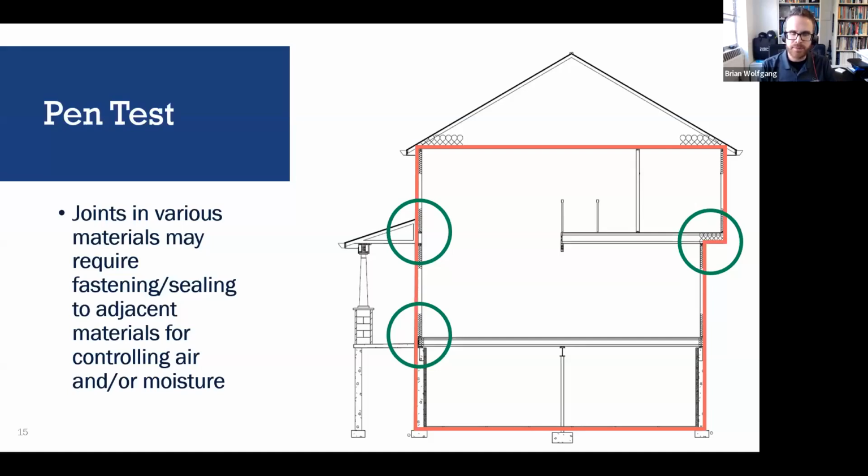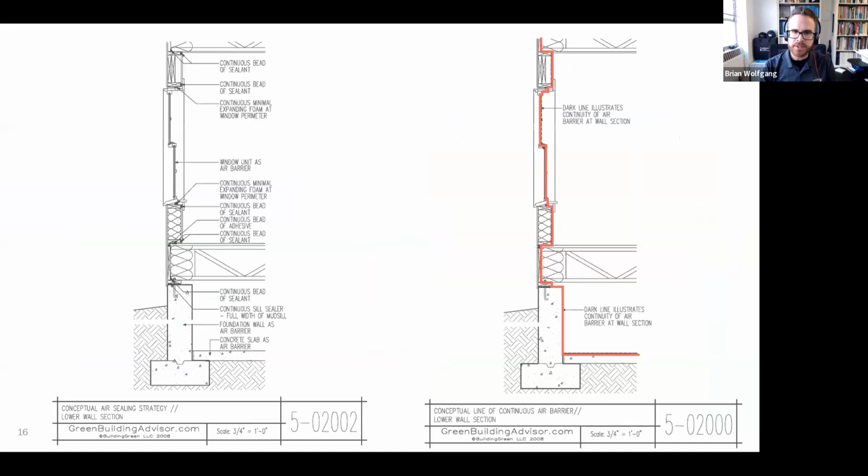When those questions come up, that's often when you're considering what is the best tape or what is the best liquid flashing product or what is the best gasket that I should be using here. You can see this more specifically on some of these cross sections, like we see on the right.